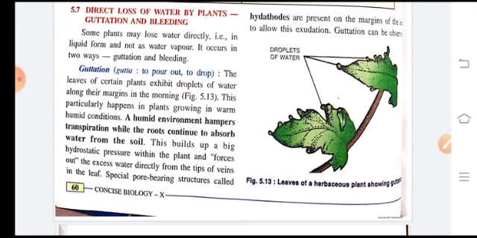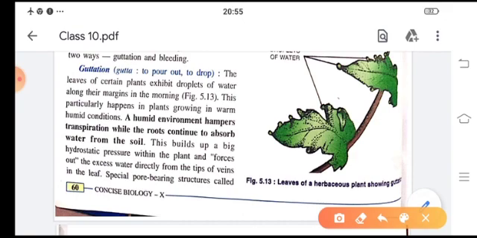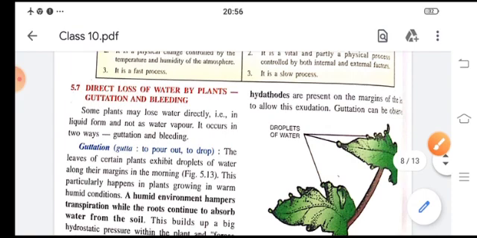During humid conditions, transpiration is hampered while the roots continue to absorb water from the soil. This absorption causes hydrostatic pressure in the plant and forces out the excess water directly from these small pores, the hydathodes, which are present on the margins of the leaf.